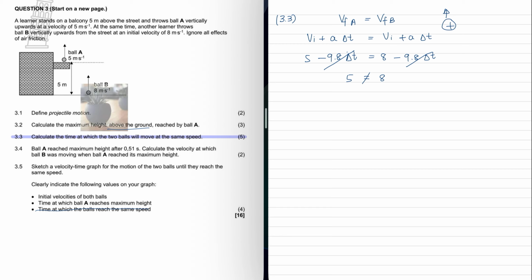Remember, A goes up, it stops, and then it goes down. B is just traveling upward. So that's A and that's B. Because this does not work, it means that A must be somewhere here in this section. A must be traveling downward and B must be traveling upward. So I'm going to show you how we can solve that.